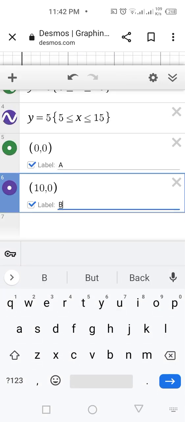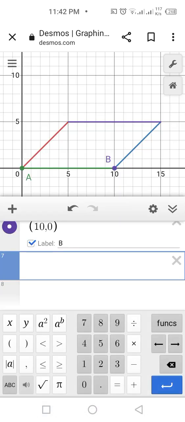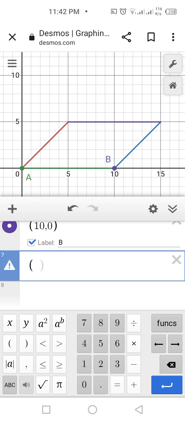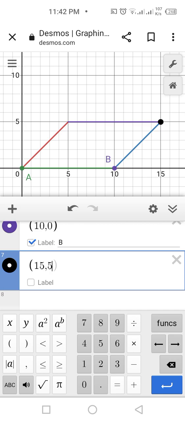So enter. This is the third point, C. It will become x 15, y 5, so 15 comma 5. So I labeled this the point C.